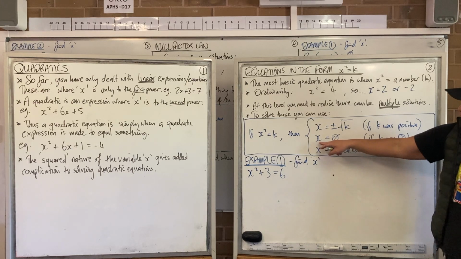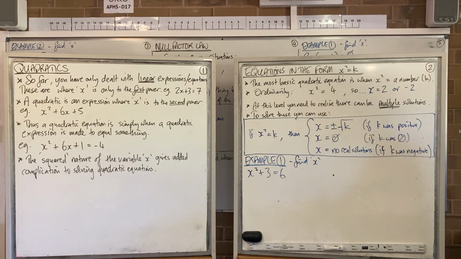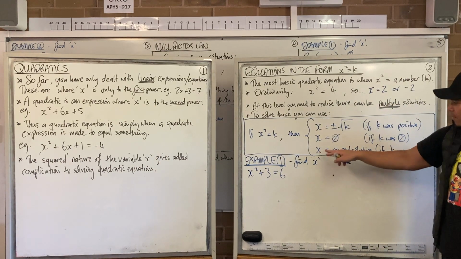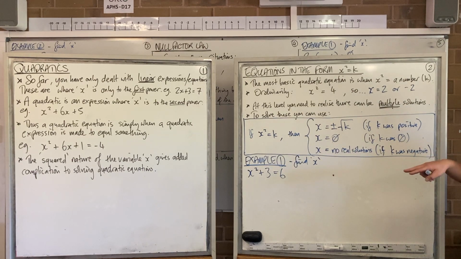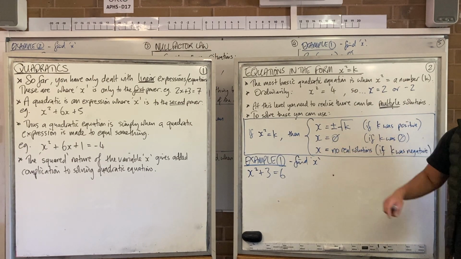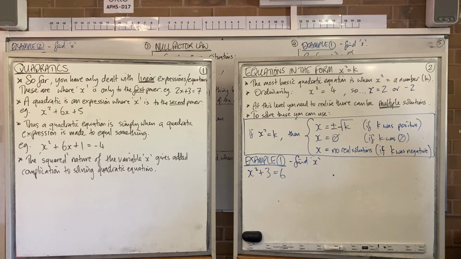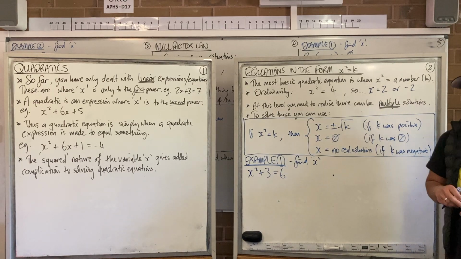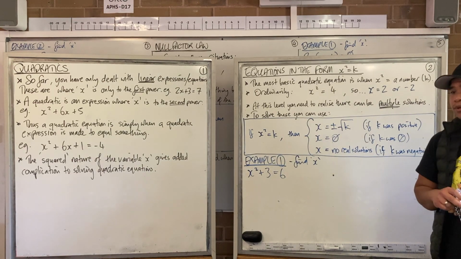x could be 0 if k was 0 as well, because what's the square root of nothing? It's going to stay as nothing. And then the last option is if k was negative, you're going to write this. There are no real solutions to this. If you do specialists next year, you'll learn about something called imaginary numbers, but they're the only ones that need to deal with that.